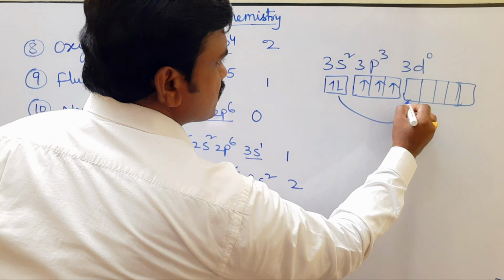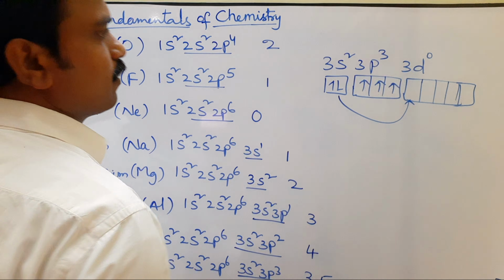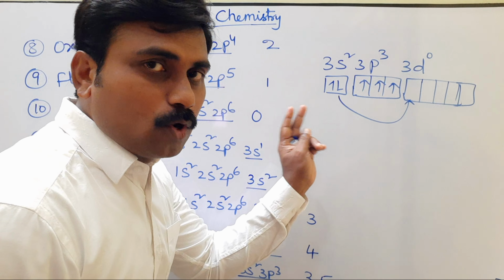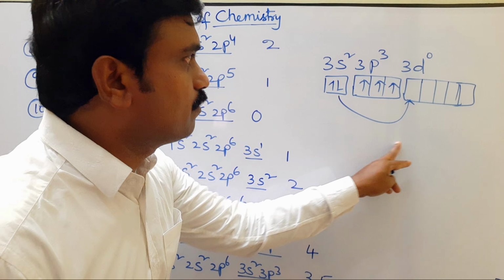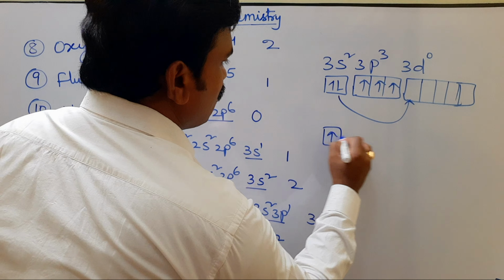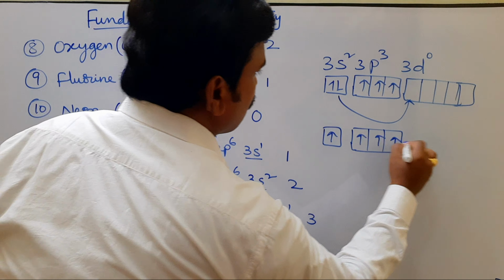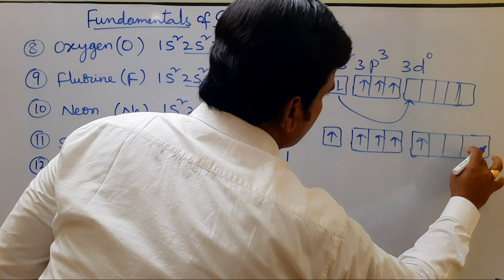This pair of electrons in the 3s level can be moved from the 3s orbital to the 3d orbital. So one of the electrons can be transferred from the 3s level to the 3d level. Then it has 5 unpaired electrons.